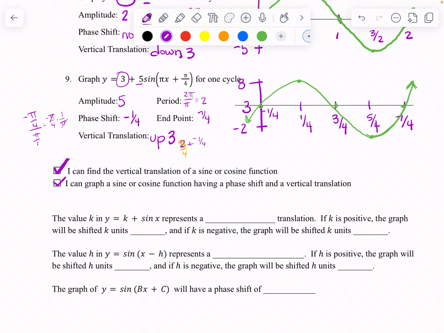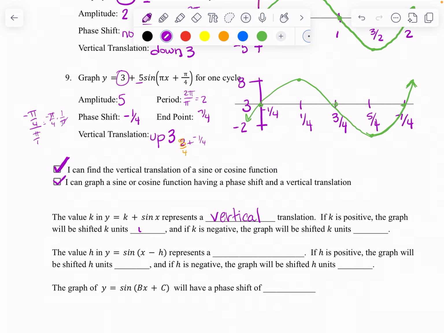All right, the value k in y equals k plus sine of x represents a vertical translation. If k is positive, the graph will be shifted k units up. And if k is negative, the graph will be shifted k units down. The h value in y equals sine of x minus h represents a horizontal translation.